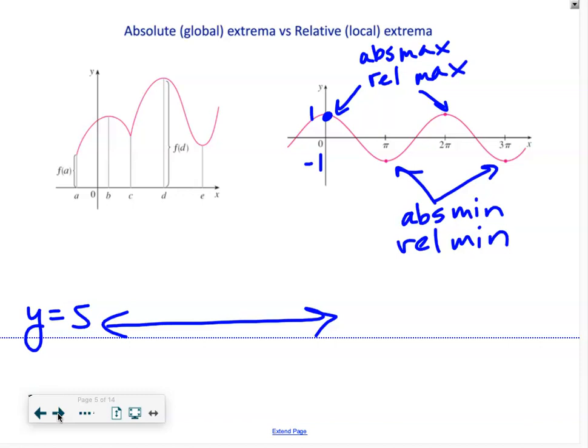Now, absolutes, well, let's see. That was our absolute max, but that was our absolute min. This is another math controversy, whether or not this gets counted as a critical number. Again, I'm pretty sure your book does not include endpoints as critical numbers. I know I don't.